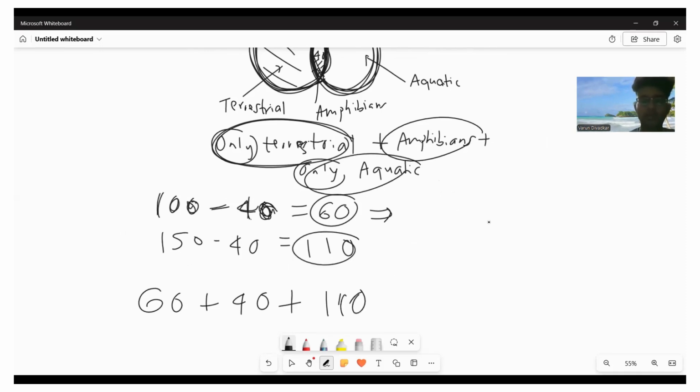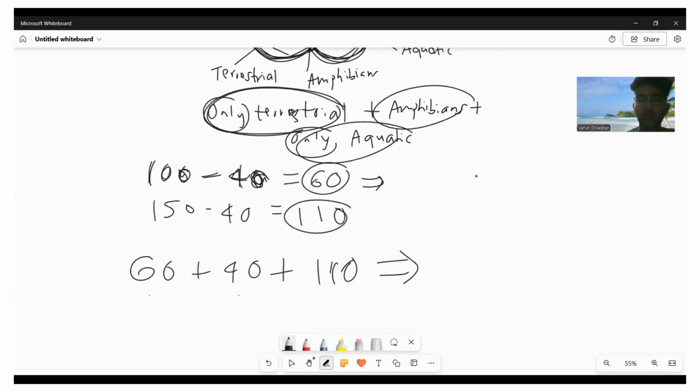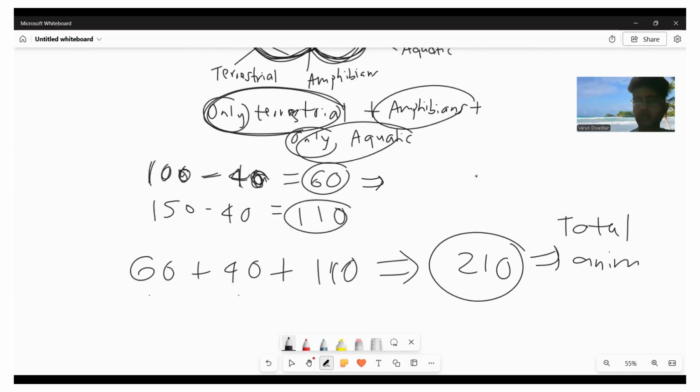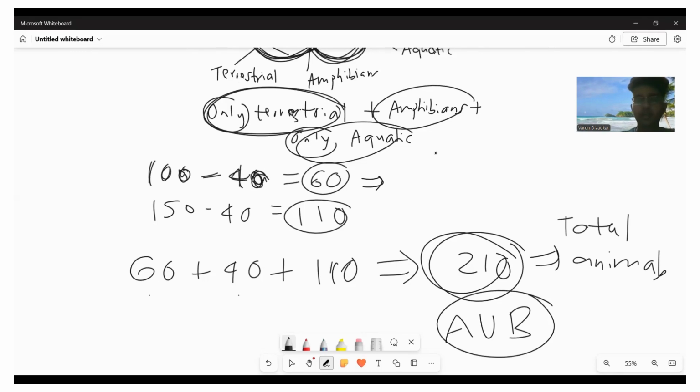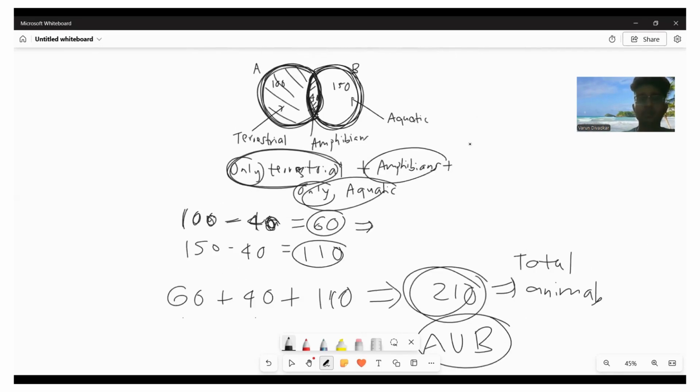This gives you the total number of animals, which is 60 plus 40 is 100 plus 110 is 210. So you have 210 total animals. So this is basically A union B, which basically represents everything that you have under contention.